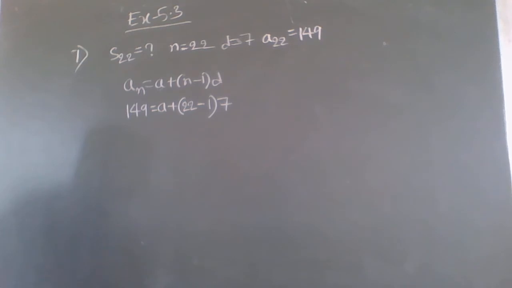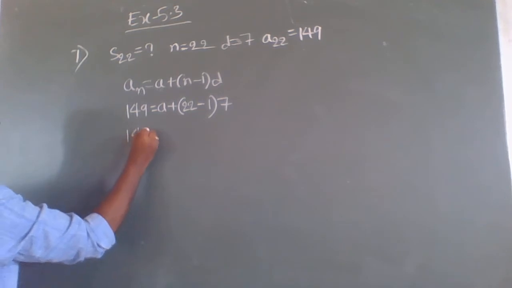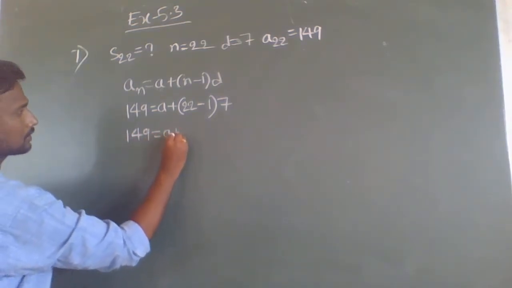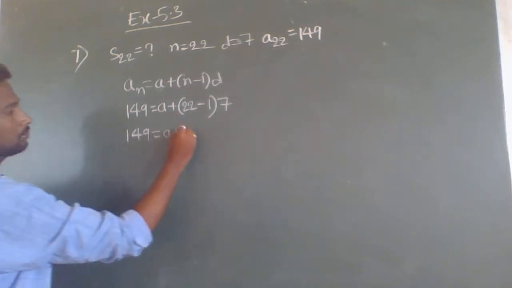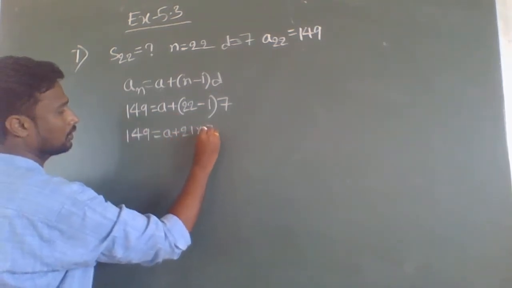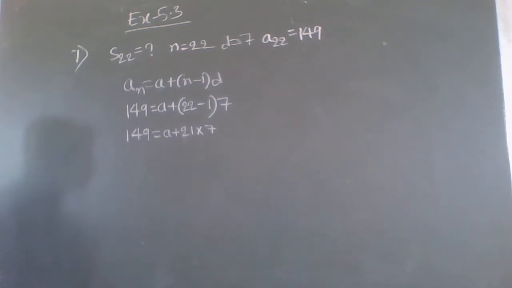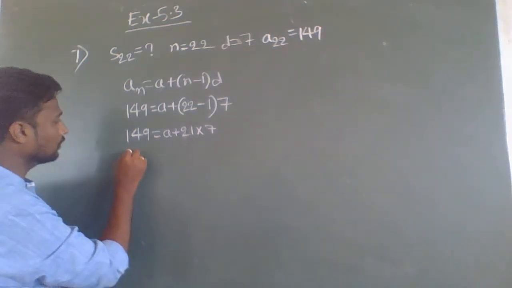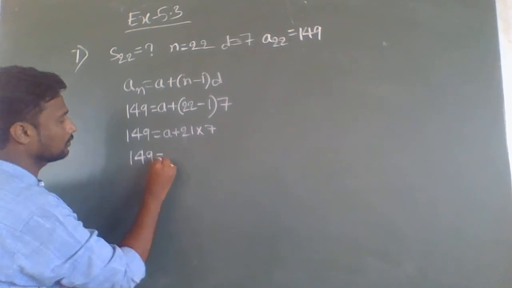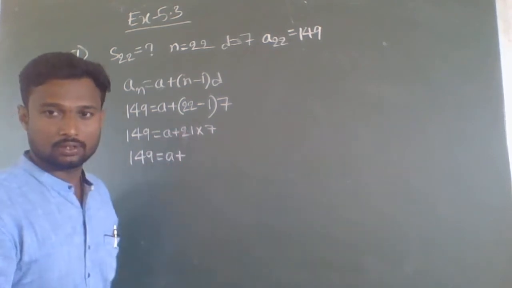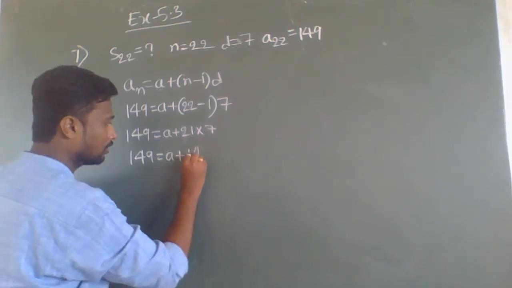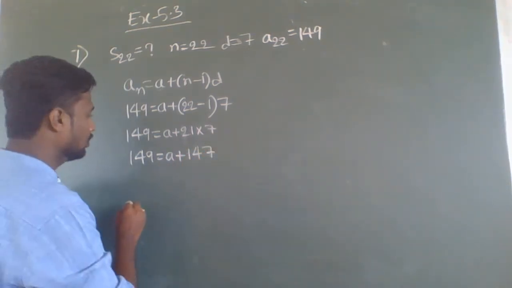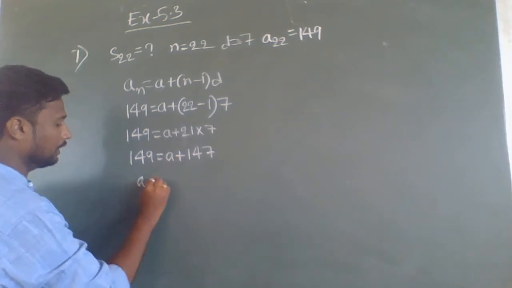In the next step, I will write 149 equals a plus 22 minus 1, which means 21, into 7. So I get 149 equals a plus 21 into 7, which means 147.